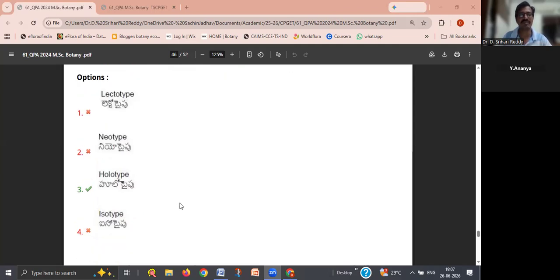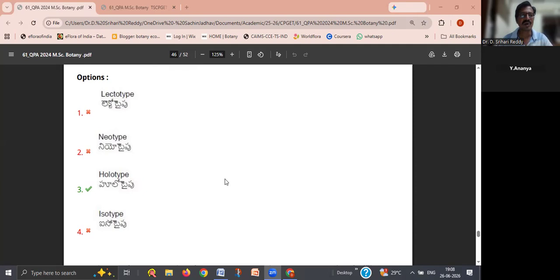And isotype, because that author or the scientist collects more than one specimen from that site, from that geographical area. He collects not only a single one, but more than 2, 3, 4 specimens. The specimen used by the author in the publication to describe that plant is called holotype, and other than that specimen, there are some other specimens of the same species.